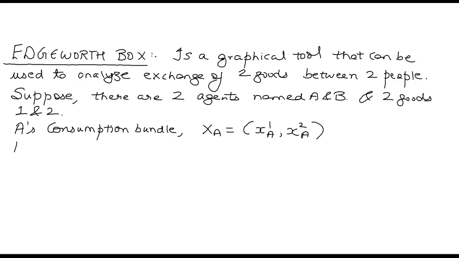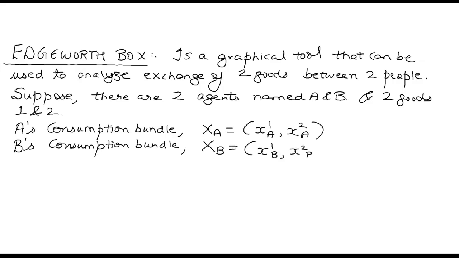Similarly, B's consumption bundle will be given by the vector XB, which is X1B and X2B. Now what is X1B? Amount of good 1 consumed by agent B. And what is X2B?